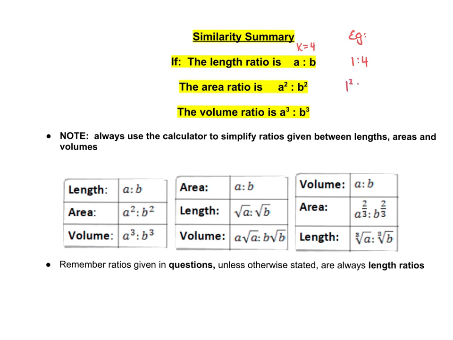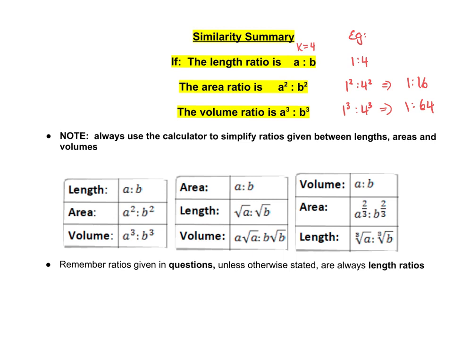So you're going to have 1 squared to 4 squared, so it'll actually be 1 to 16. The area is 16 times larger. If you have a volume ratio, you cube it. So the volume would be 1 cubed, which is 1, to 4 cubed, which is 64. So the volume is 64 times larger.